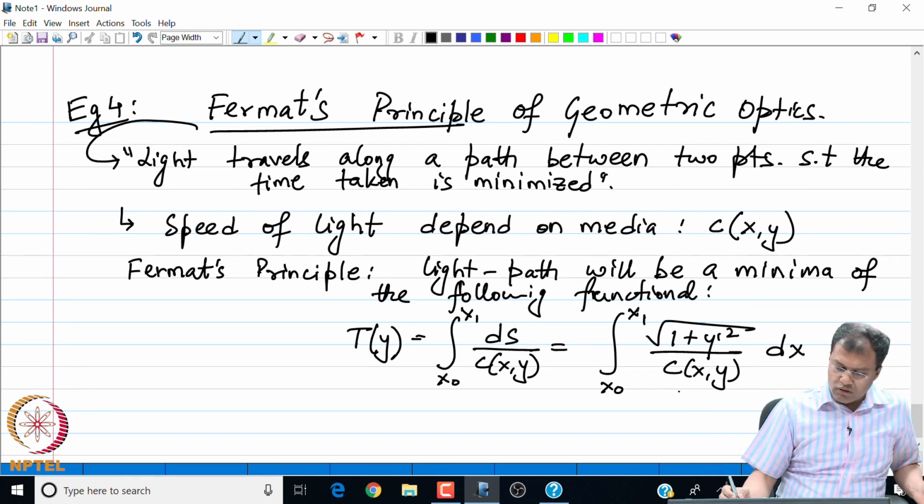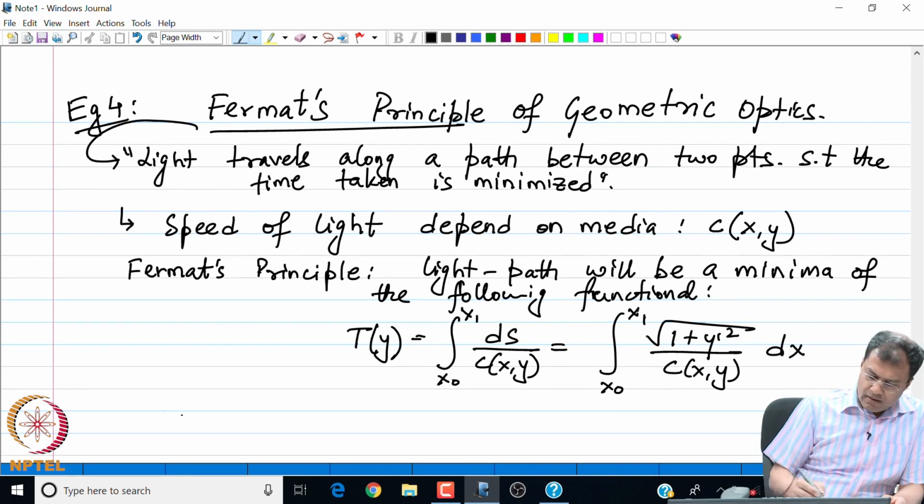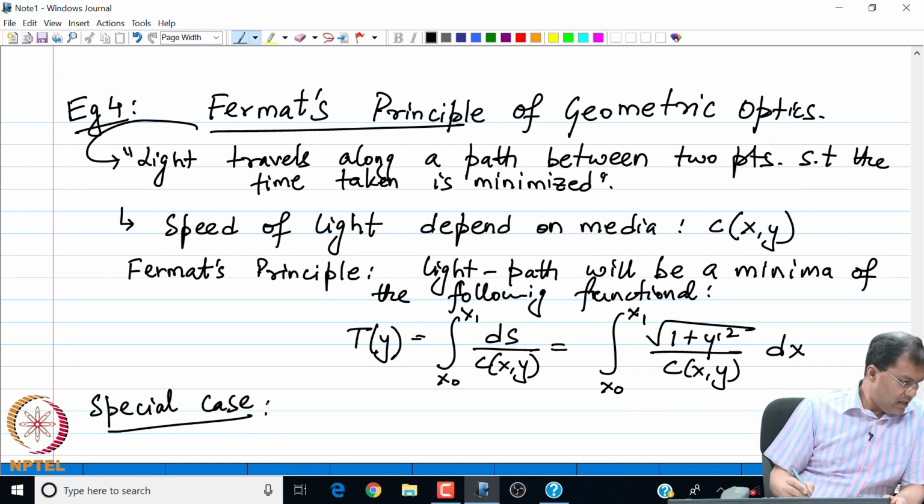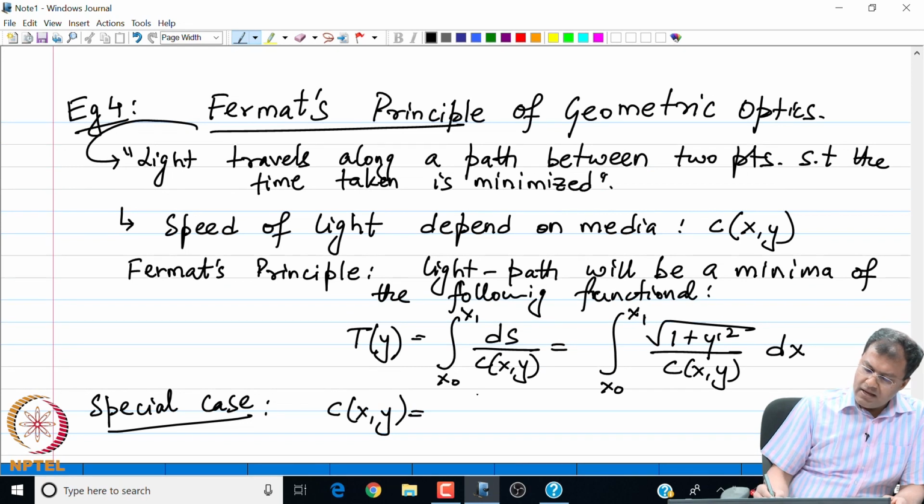Okay. So, in order to further solve this problem, let us use a simplifying assumption. I want to show the solution to this problem, so let us look at a simplified scenario. Let me call this a special case. The special case is we have c of x comma y given by, let us say, 1 by g of x.